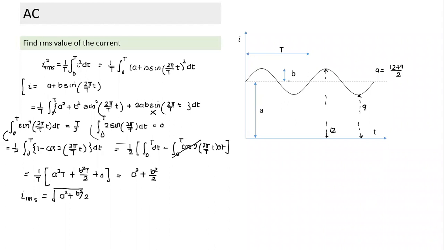If something like this is given, again we can find the values of A and B. We can call this a DC component, and we can call this an AC component. So when we write this kind of function, it is nothing but a superposition, or summation, of DC and AC current.